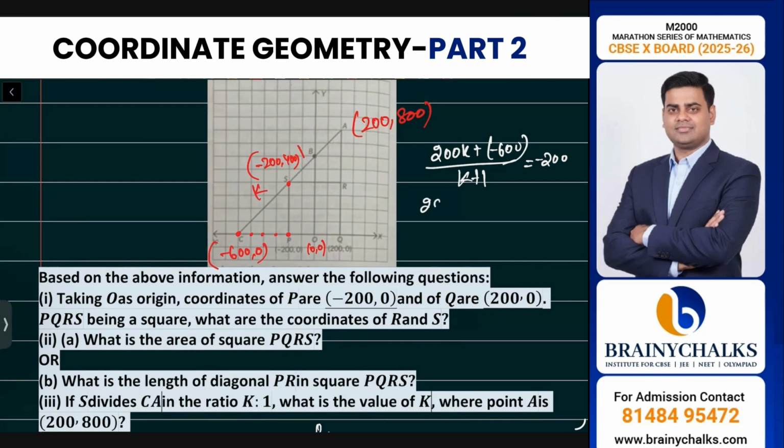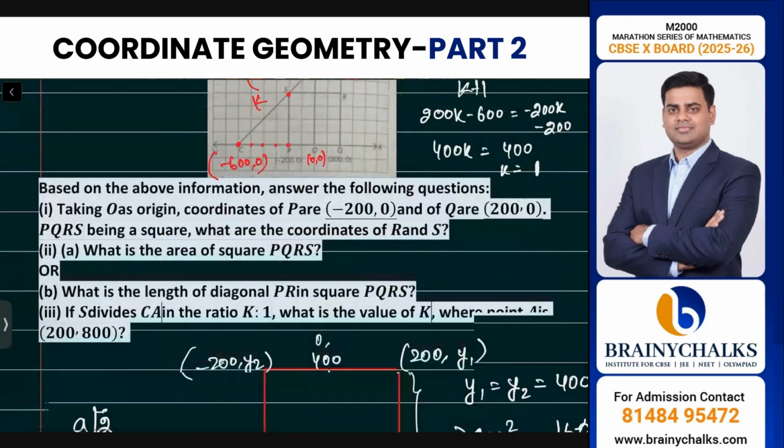Cross multiply: 200k minus 600 equals -200k minus 200. So 400k equals 400. What is the value of k? 1. So the value of k is 1.